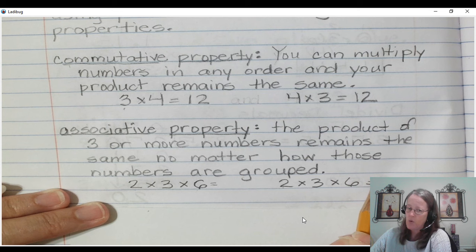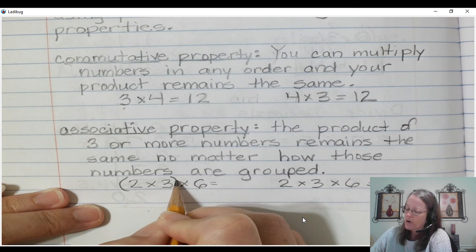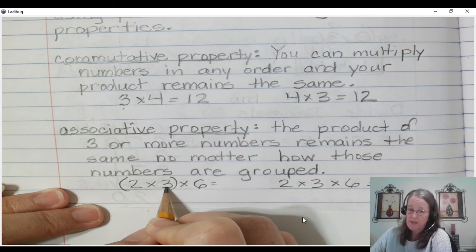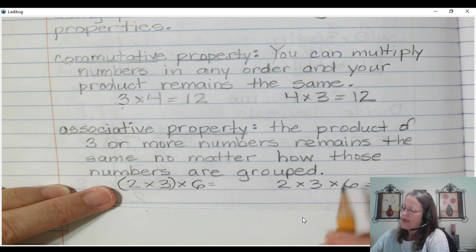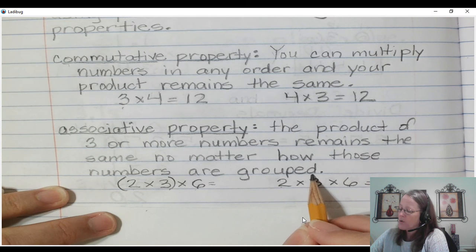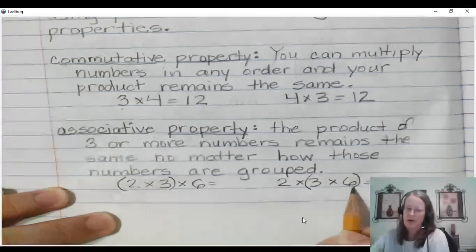They're in the same order. I can associate or group 2 times 3 in this equation. I can associate or group 3 times 6 in this equation.